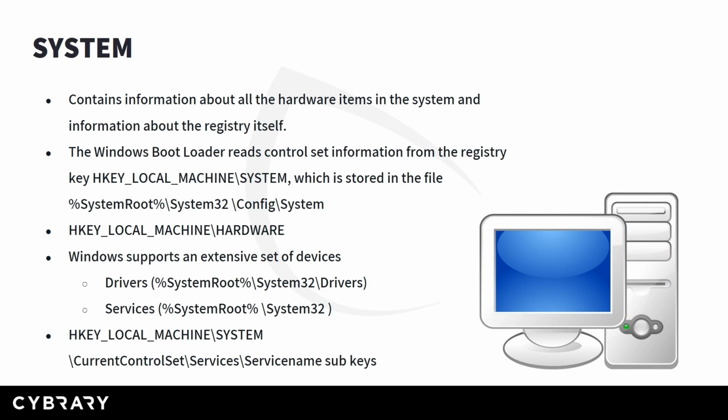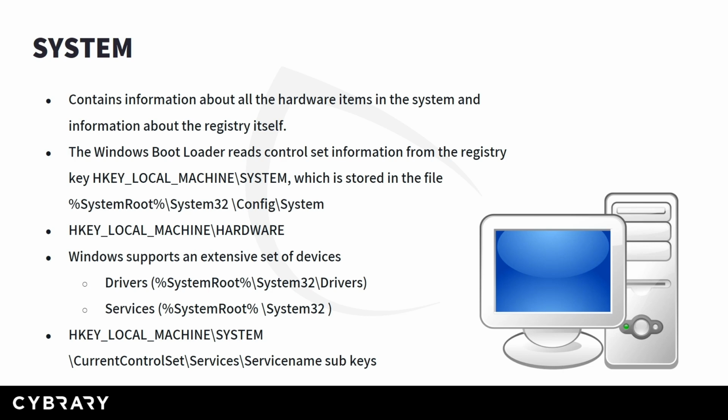System contains information about all the hardware items in the system and information about the registry itself. The Windows bootloader reads control set information from the registry key HKey local machine system, which is stored at the system root system32 config system so that the kernel can determine which device drivers need to be loaded during the startup.